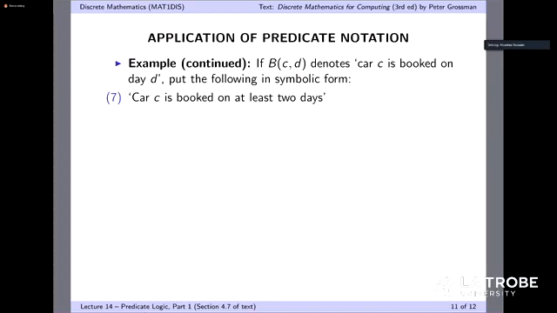So we are saying there exists D1, there exists D2. This is my attempt.